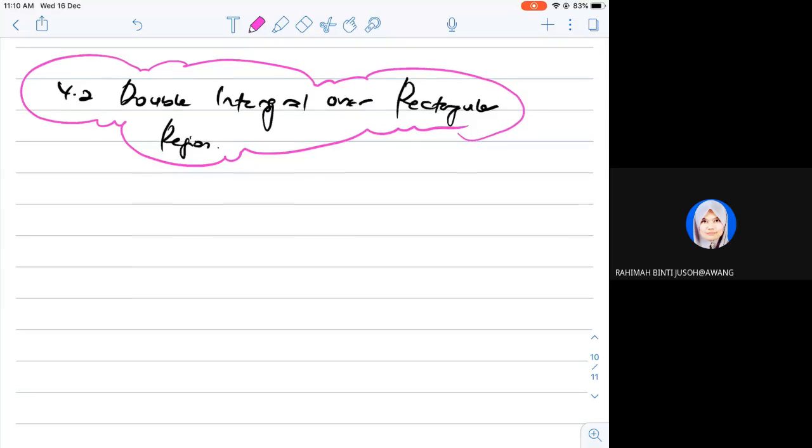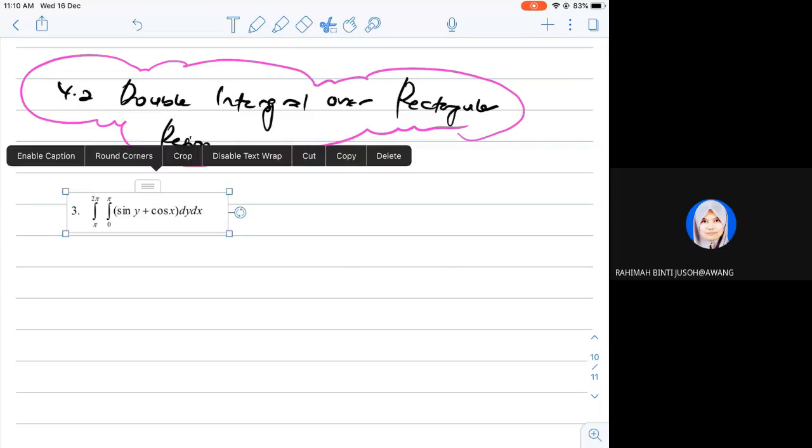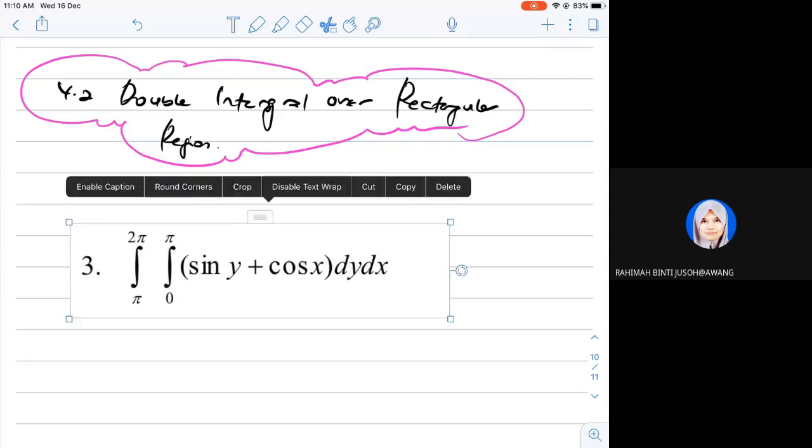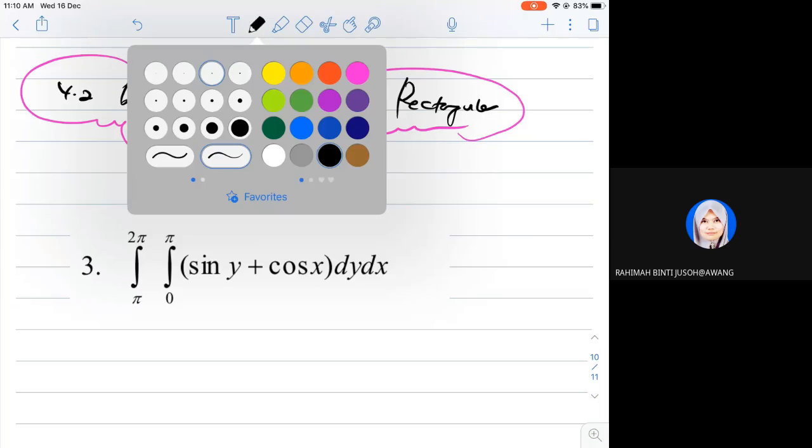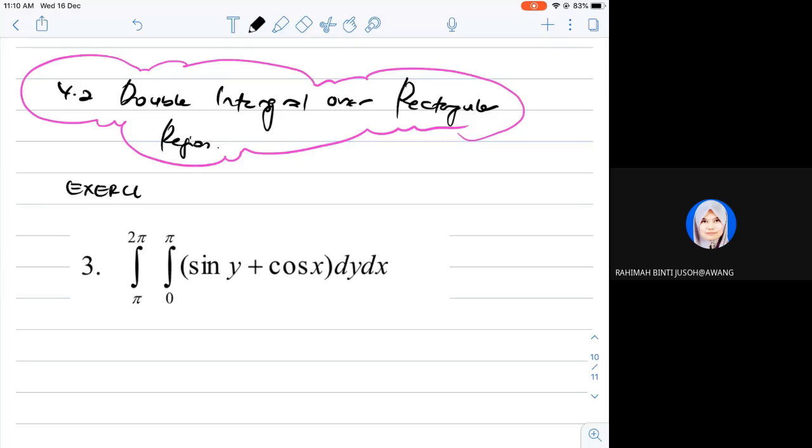Okay, so exercise 4.2. Question number 3.